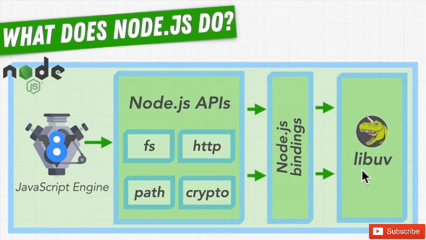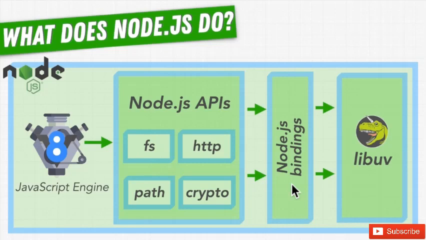So we've delegated that task to the operating system, and our Node program, our JavaScript, doesn't have to wait around for the response. Node just says, okay, operating system, let me know when my task is complete, and I'll get right back on it as soon as I can.